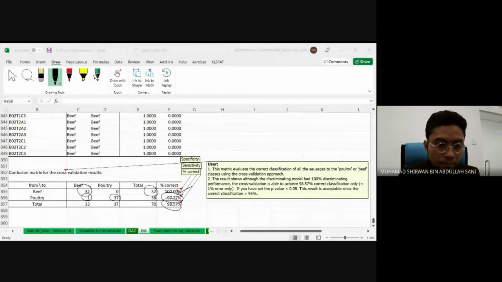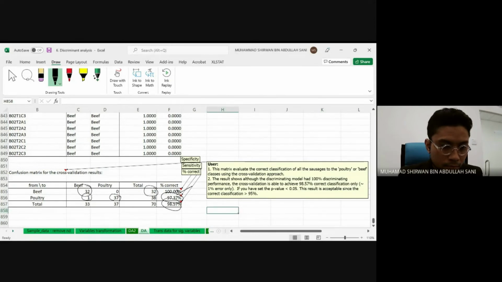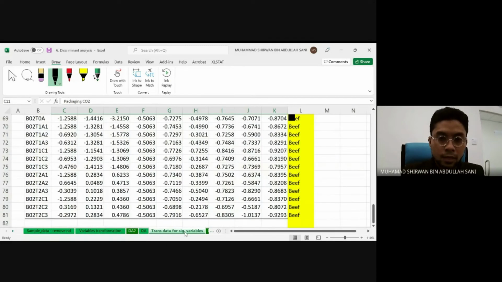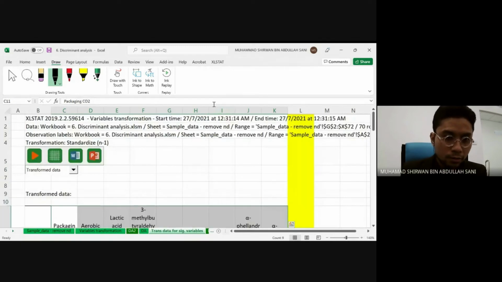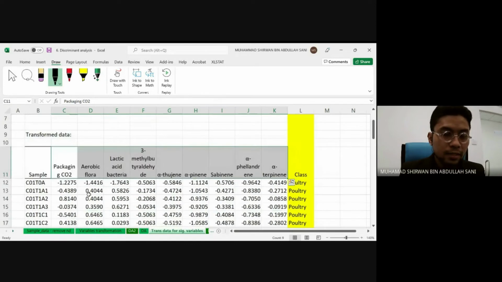Okay, so now, if you look, I have shared another similar set of transform variables, but this time I only choose significant variables only.